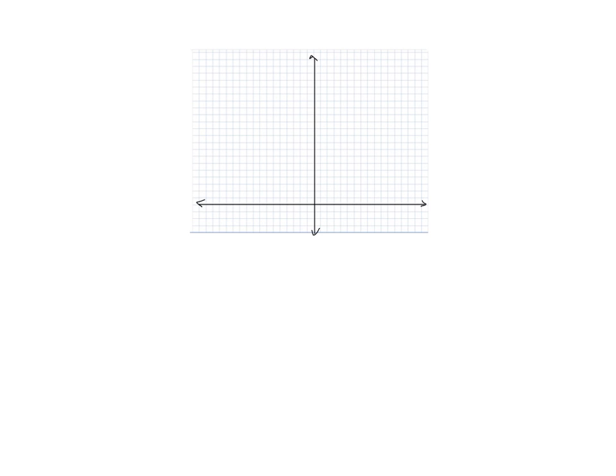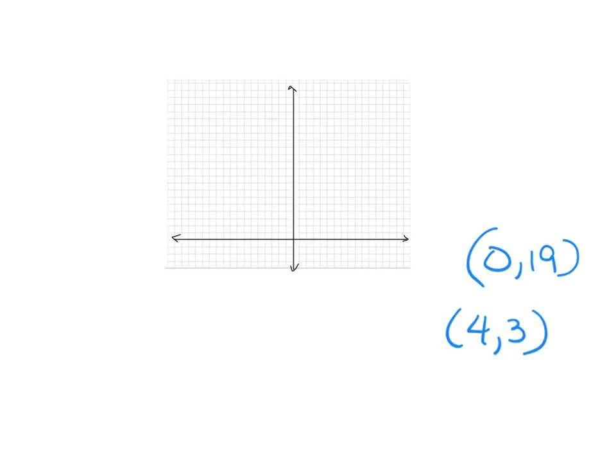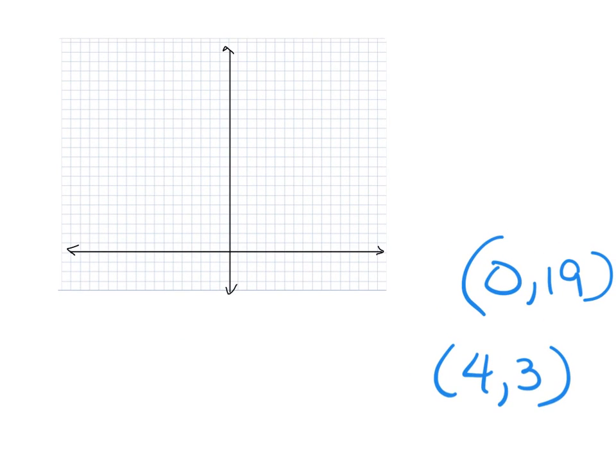Now notice, you have to go two slides. Notice where I put my x-axis. I put it really low because my y-intercept is the ordered pair 0, 19. And then I'm also going to graph the vertex, which is 4, 3. Let me go ahead and graph these. Let me count 19 up. So 0, 19 is way up here. Then I'm also going to graph the ordered pair 4, 3.